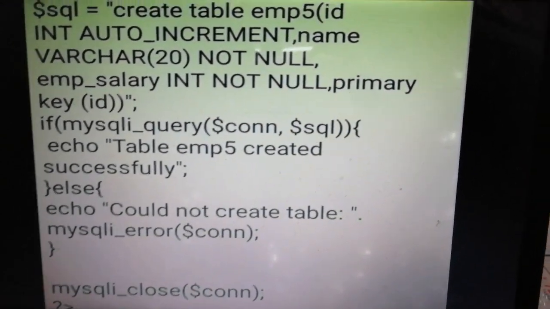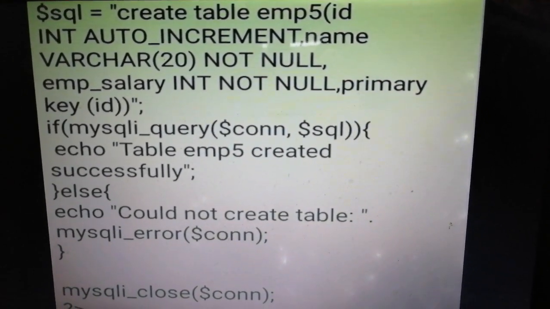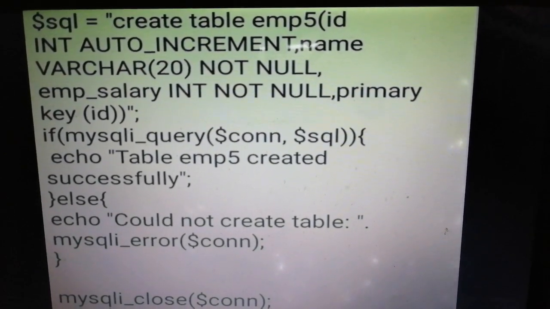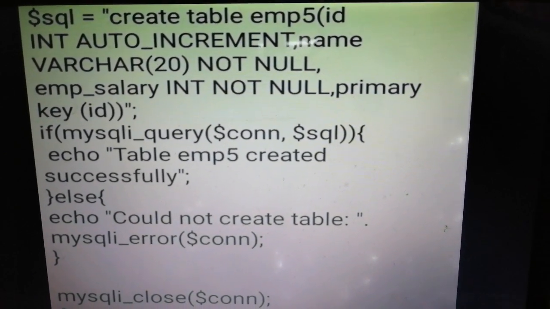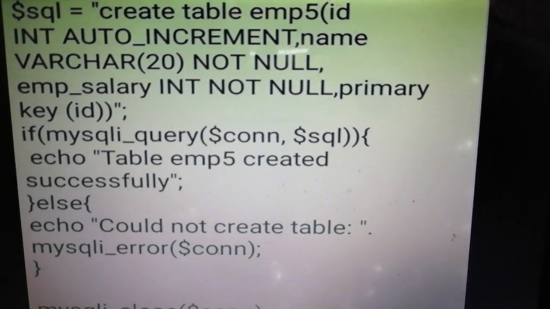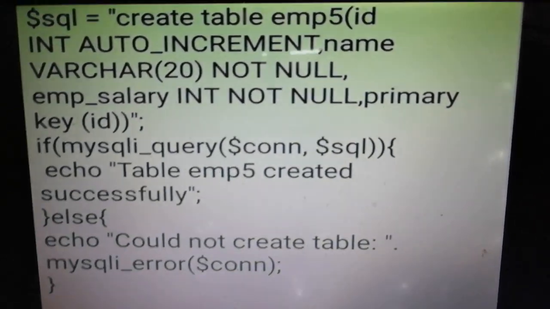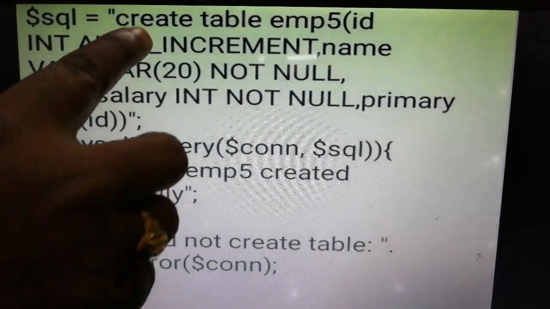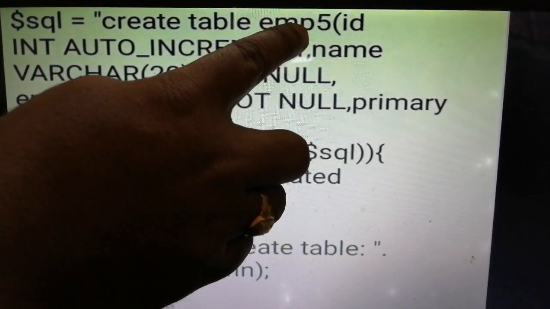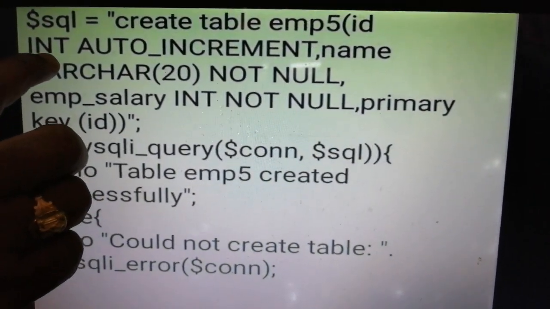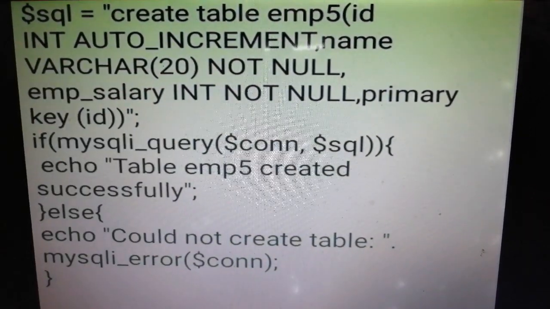With regard to databases, you have studied how to create tables. The syntax of the create table command is create table, the name, and then each argument and the data type of that argument. Similarly here, the table name is emp5, id is the argument, and its data type is int, with auto increment.